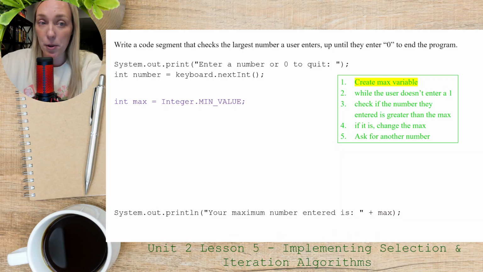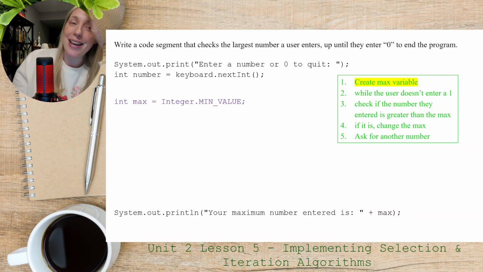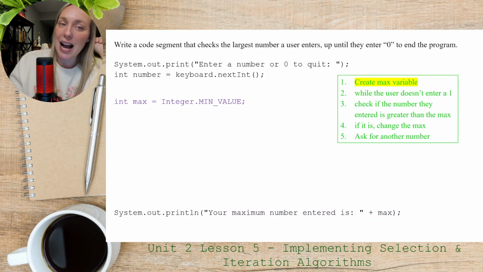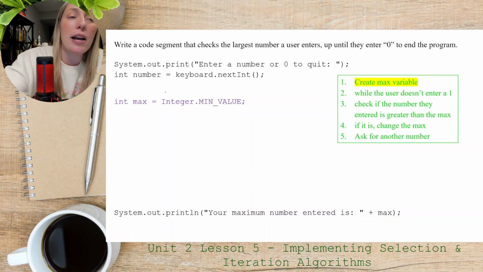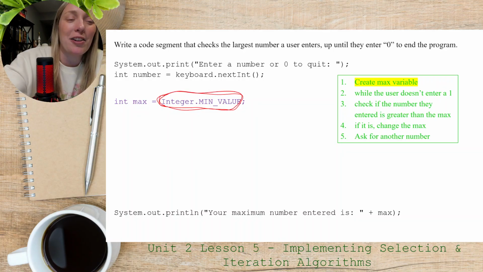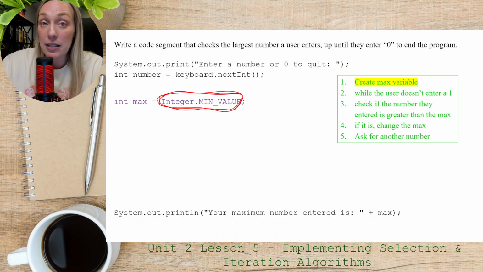Create the max variable. So I have int max equals, and then I have Integer dot MIN_VALUE. If you remember, we kind of talked about this a little bit. We'll talk about it even more in later units, but Integer is a class that is available to us to use.